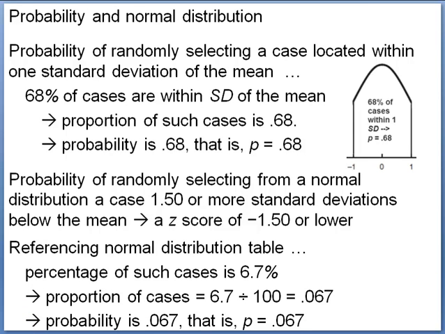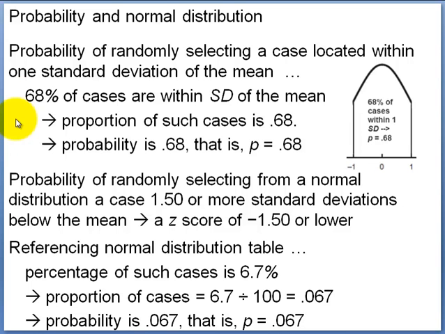Let's connect probability and the normal distribution. What is the probability of randomly selecting a case from a normal distribution that is located within 1 standard deviation of the mean? As you know and remember, 68% of cases are located within 1 standard deviation of the mean. We can divide that percentage by 100 to determine the proportion.